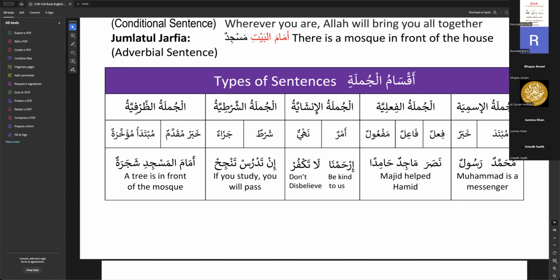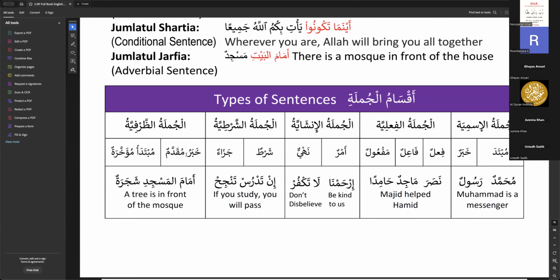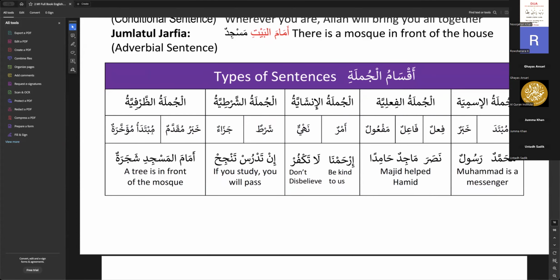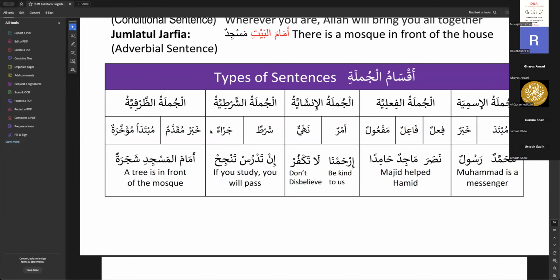The predicate is coming first and the subject is coming later, and the predicate is basically giving us the information. Khabru Muqaddam means the khabar, the news came first, and Mubtada Muakhar became last. Normally in a nominal sentence, you see the mubtada come first, then khabar. But here it's the other way.